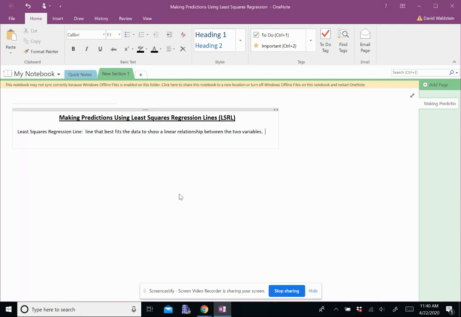So that's why we say the least squares regression line. We'll get into what regression means later, but it's essentially saying we regress from the line as little as possible.